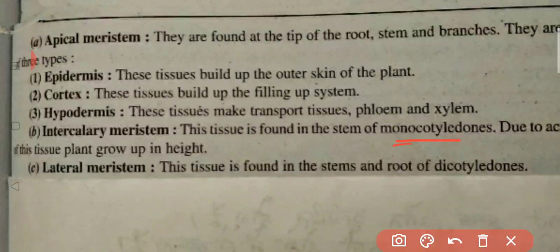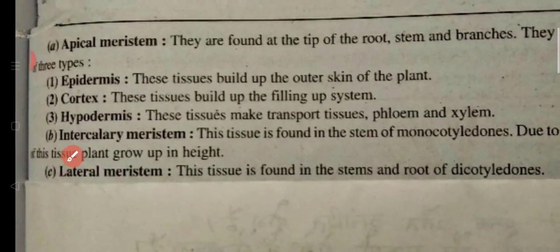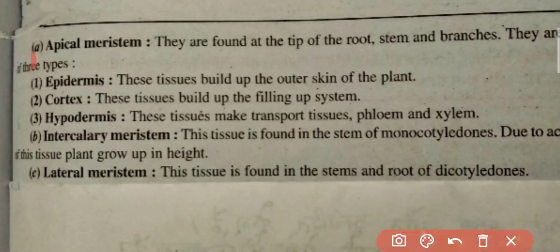Due to this tissue, plant grow up in height. And lateral meristematic tissue is found in the stem or root of dicotyledon. Dicotyledons are those plants who has the seeds with two cotyledon, like mustard, pea and gram.